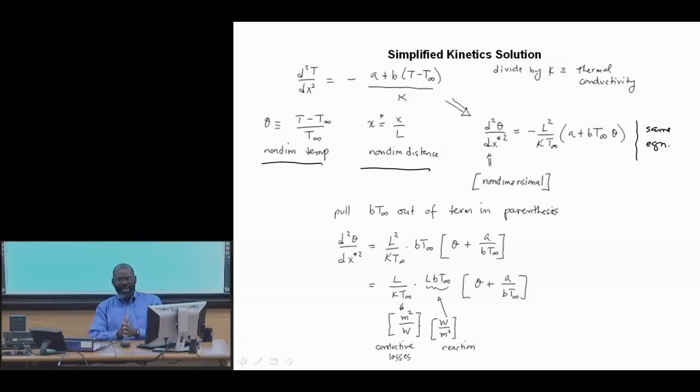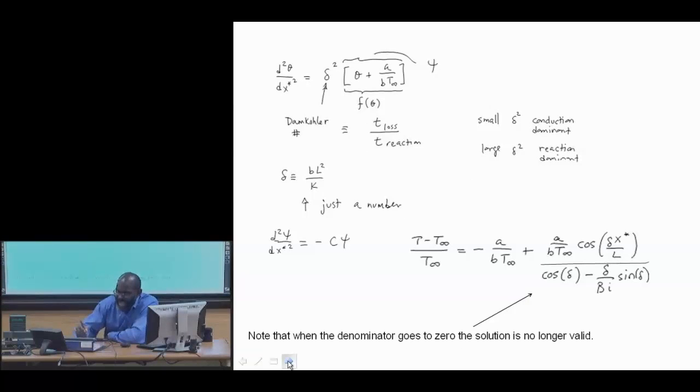If the reaction rate is small compared to the heat loss, nothing's happening. If the reaction rate is large compared to the heat loss, that thing is going to ignite. So remember that. That parameter is called the Damkohler number, and we give it the symbol Da. So Da is the Damkohler number.